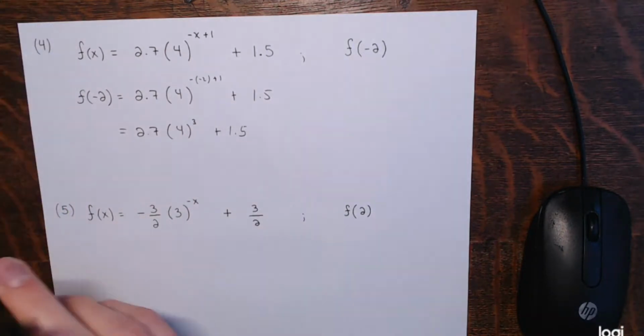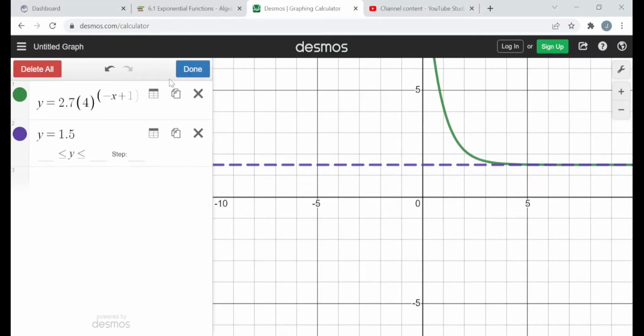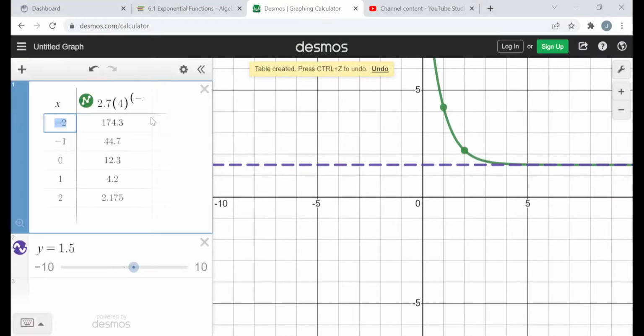I'm just going to go back to the Desmos site here and make a table for this function. And you see when x is -2, the output is 174.3.